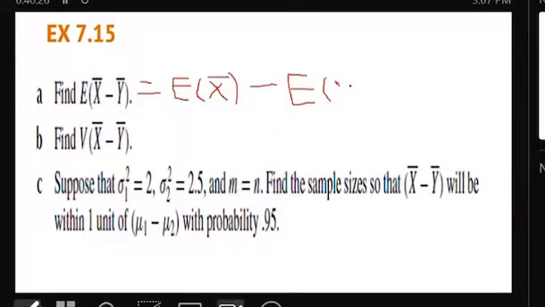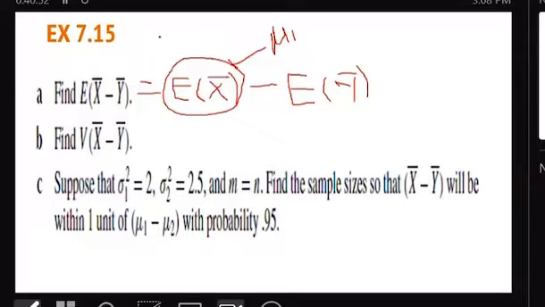You know the law we're using. Expected value of x bar is the same thing as expected value of x, and expected value of y bar is the same thing as the expected value of y.